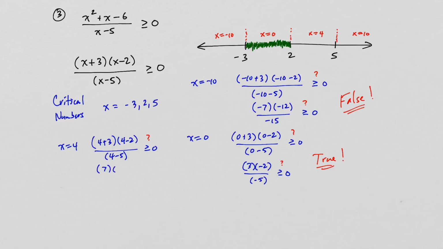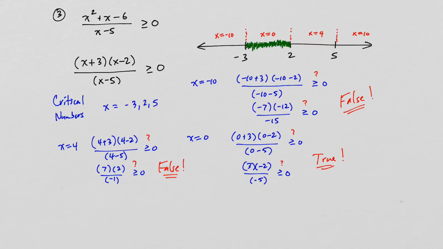This is 7 times 2 divided by negative 1 is greater than or equal to 0. This is false. And it is false because a positive number divided by a negative number is negative, and a negative number is not greater than 0. So we will not be shading in this interval.